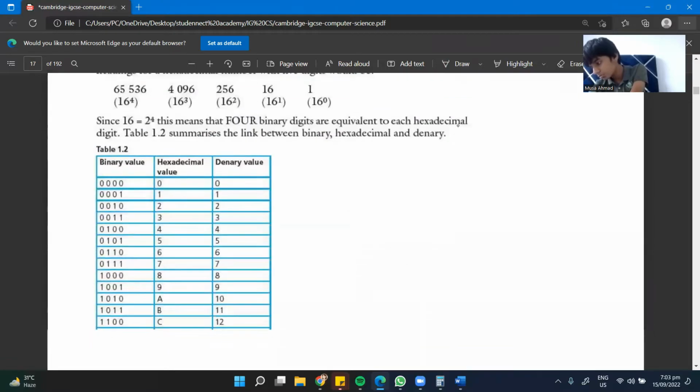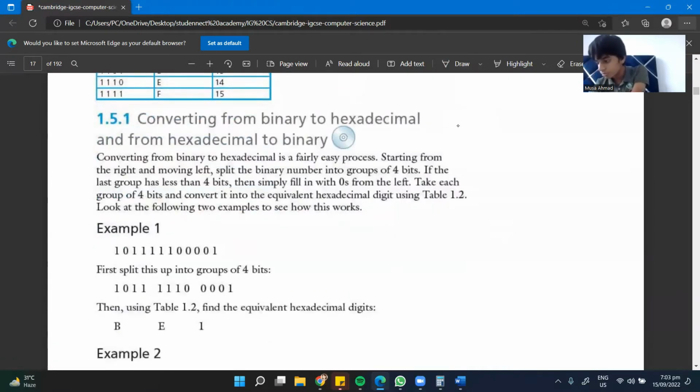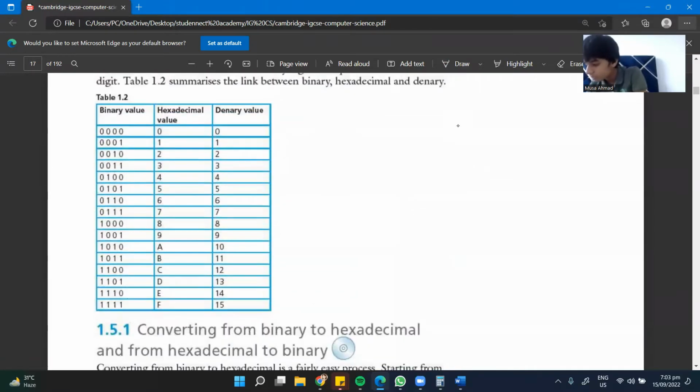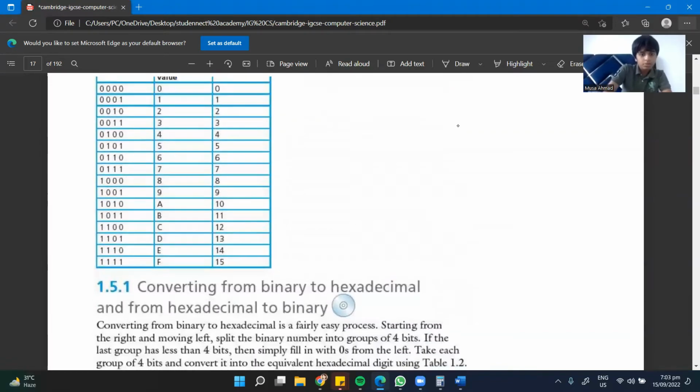These are just the conversions that we just did. This is another conversion table that they made for binary, hexa, and denary all in one table from 0 till 15.